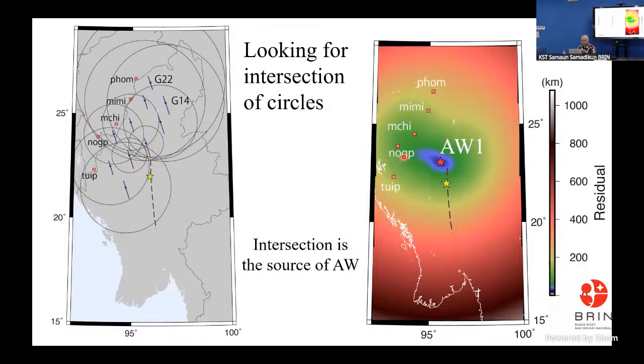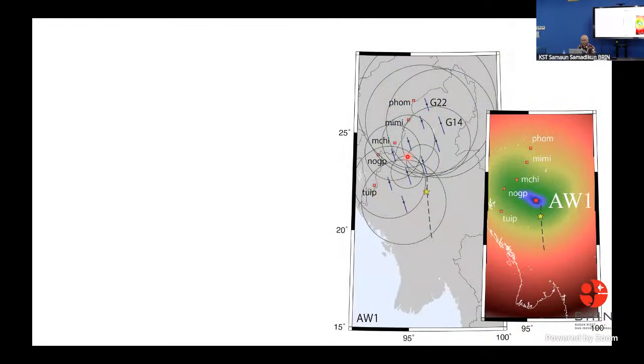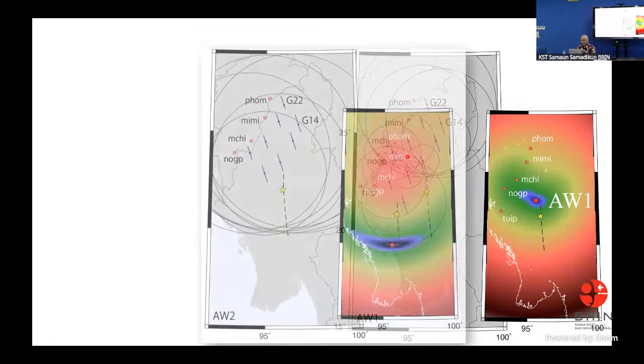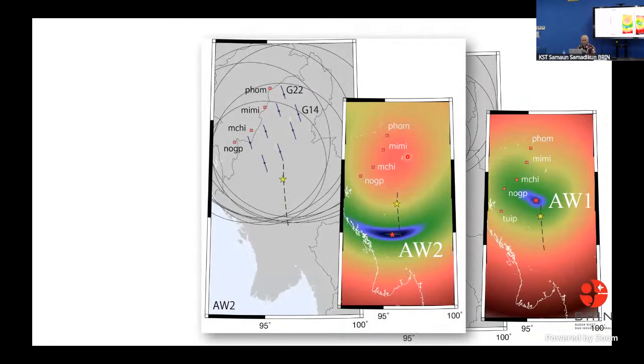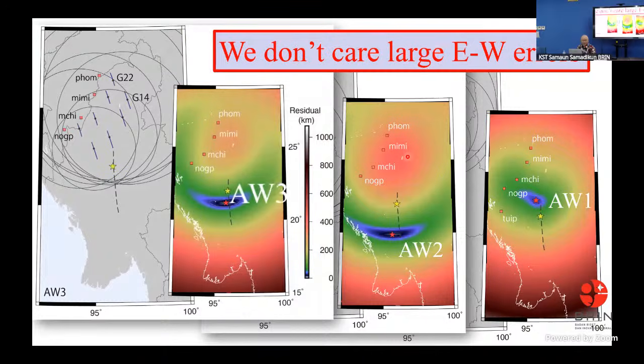And we repeat the same for the two other acoustic waves, number 2 and number 3. So now we can say acoustic wave number 1 was excited at the northern end of the fault, and acoustic wave 2 is in the southern part, and acoustic wave 3, this is small, is just in between.